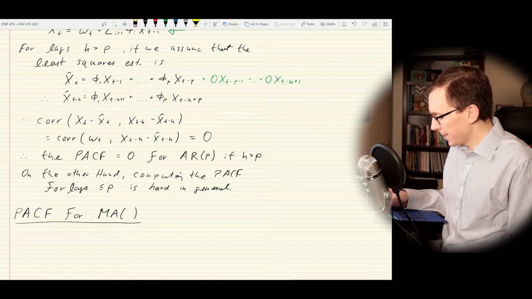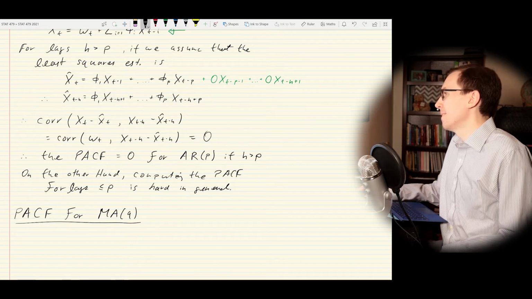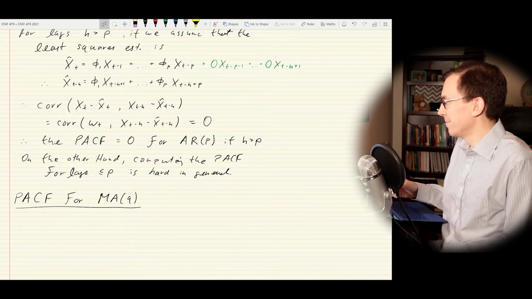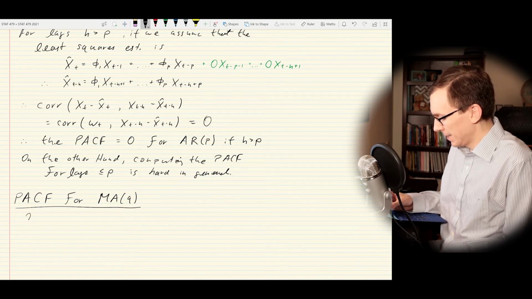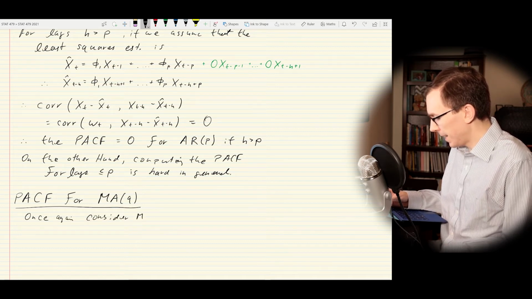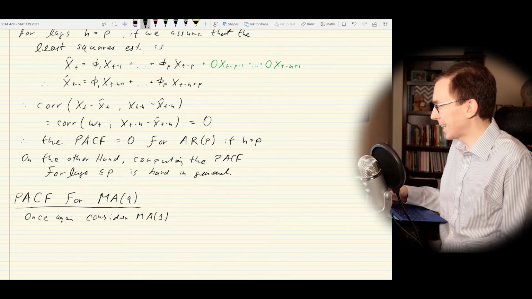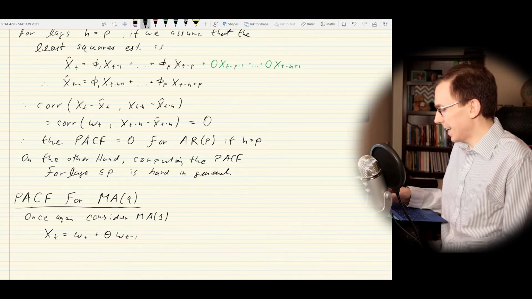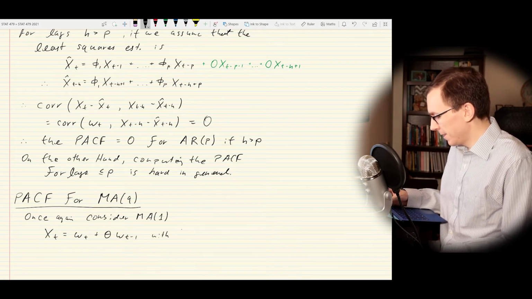All right, so once again, let's consider just the MA(1), because one term is complicated enough. And this is going to look like x_t equals w_t plus theta w_{t-1}, and again, with theta less than 1, so invertible.